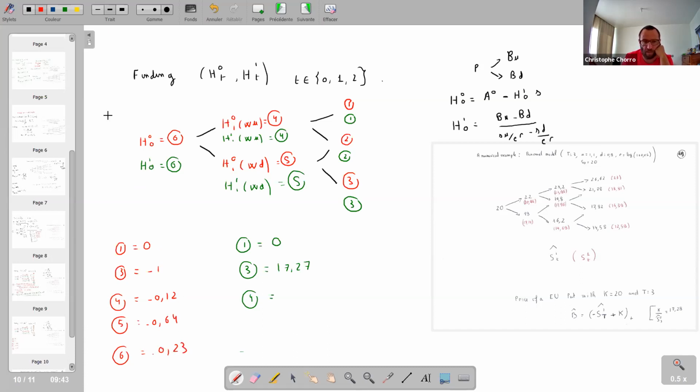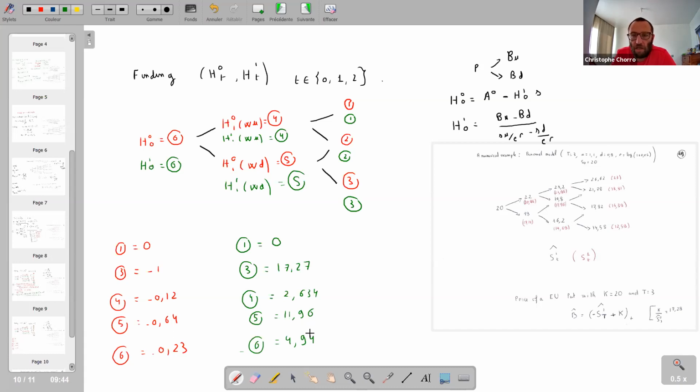You have everything in the lecture notes, but to be clear, 4 will be 2.634, 5 will be 1.96, and 6 will be 4.94. So you have here the exact composition of the hedging portfolio in this situation.